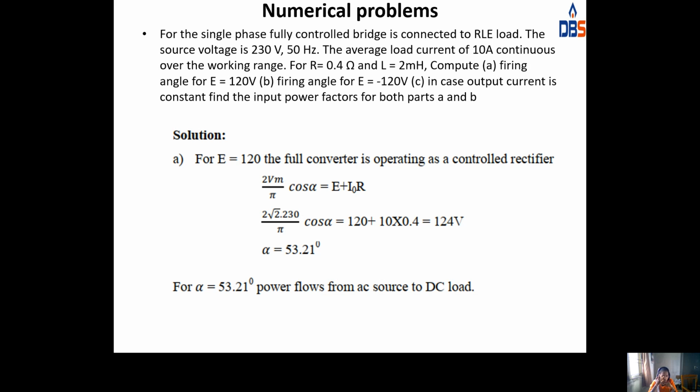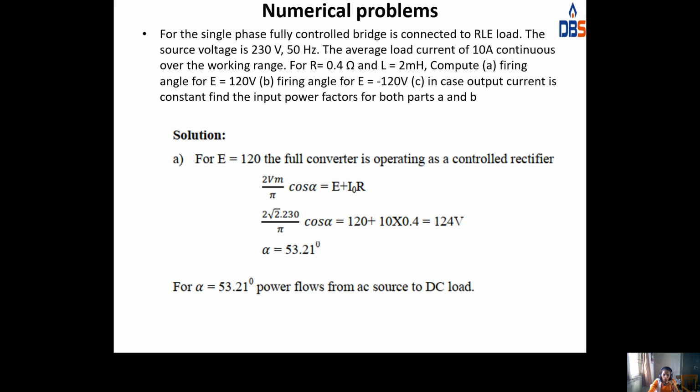So it is a continuous mode of operation, and it is given as a single phase full controlled bridge converter with RLE load. The first condition is E equal to 120 volts. So the full wave converter is operating as a controlled rectifier.